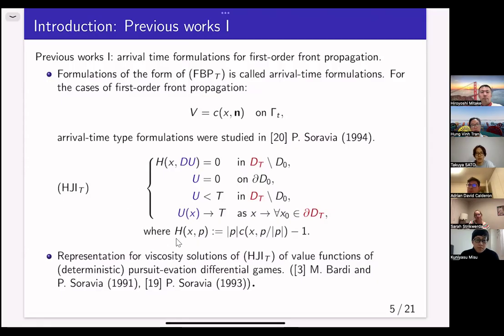Here, the Hamiltonian is given by this alpha force C, and this Hamiltonian is one homogeneous in the second variable. In this kind of formulation, they got some representation for the viscosity solutions for this free boundary problem by using the differential game.